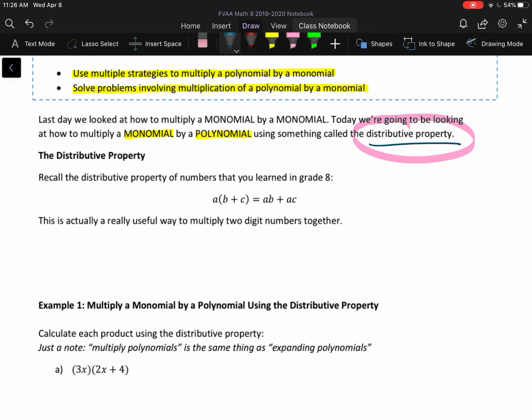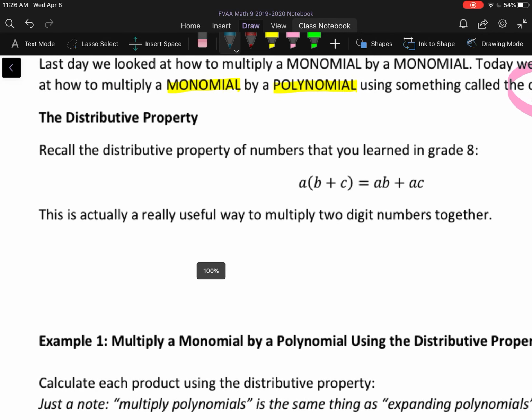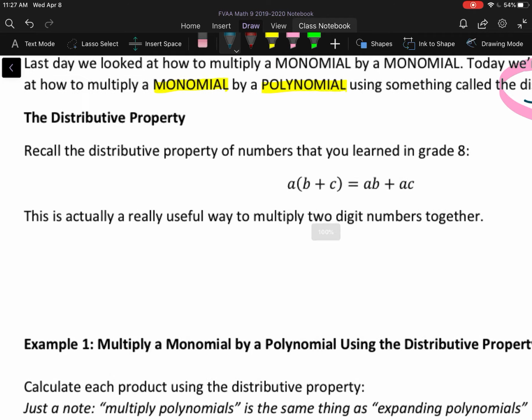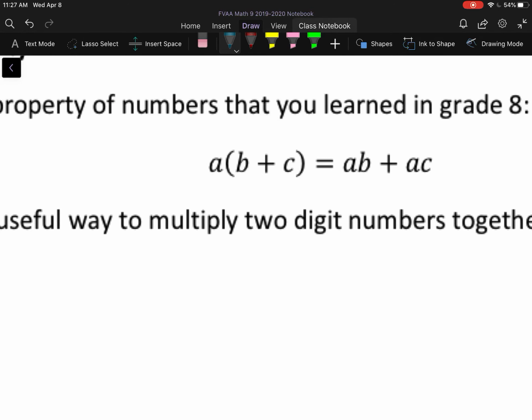For the distributive property, we recall the distributive property of numbers that you learned in grade 8 math. When you have a multiplied times b plus c, what it actually turns into is a times b plus a times c.